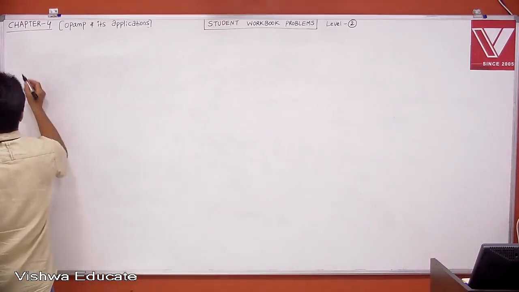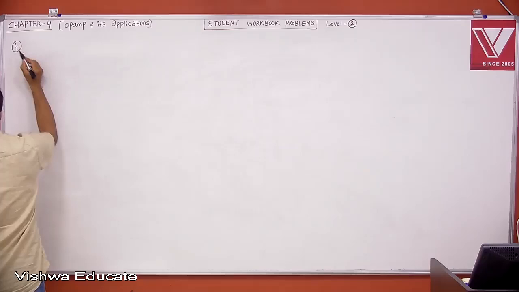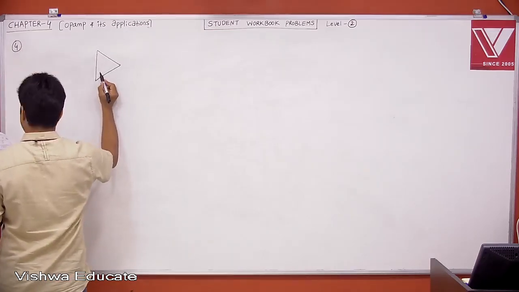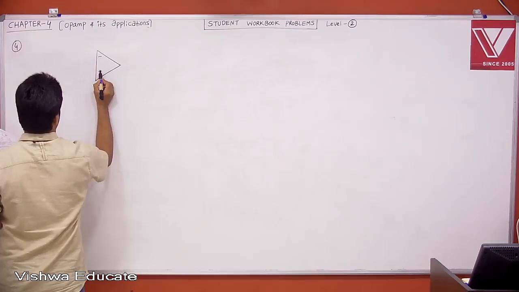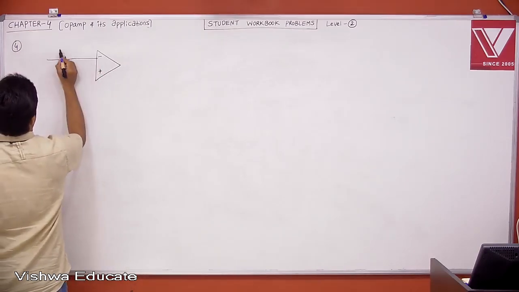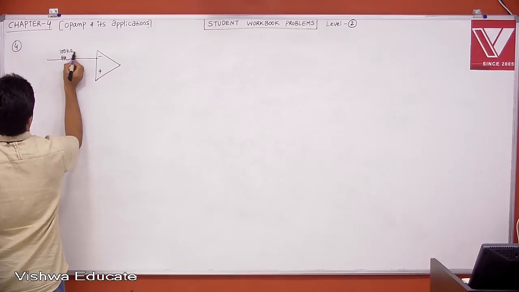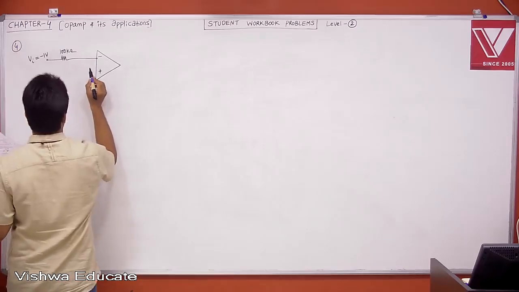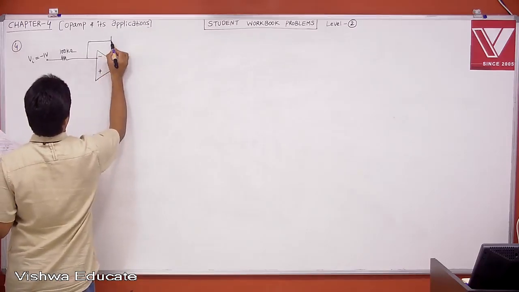The problem is, problem number 4. This is 100 kilo ohm and Vi is given, Vi is equal to minus 1 volt, and this is the PN junction diode.